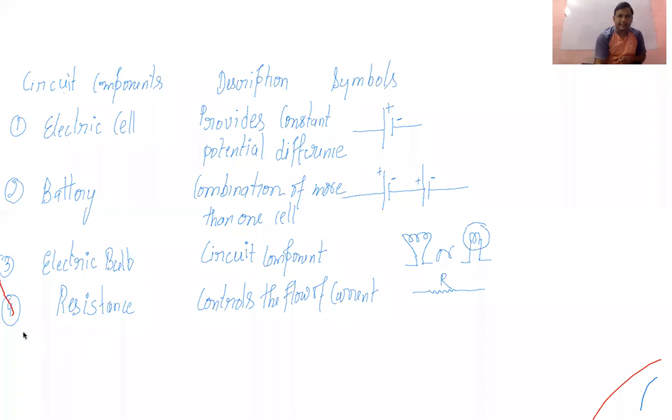And the fifth one is your rheostat, or you can say variable resistance.